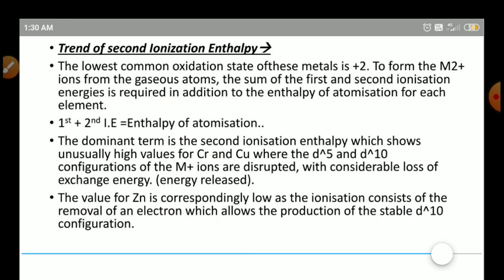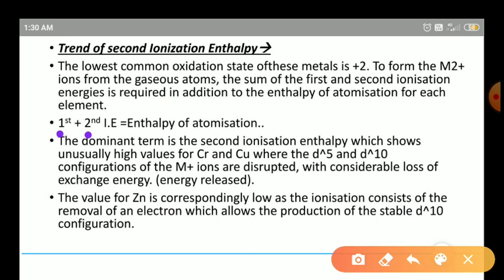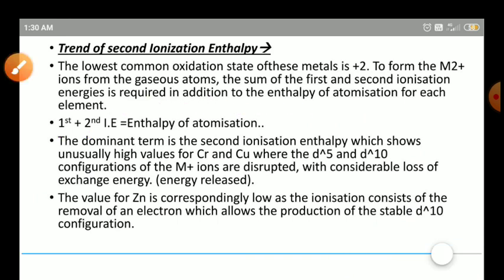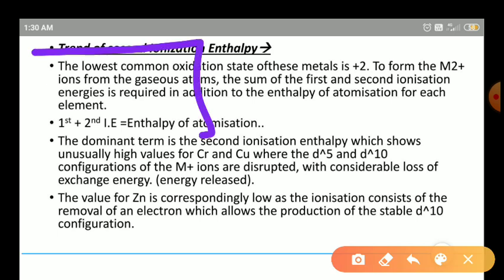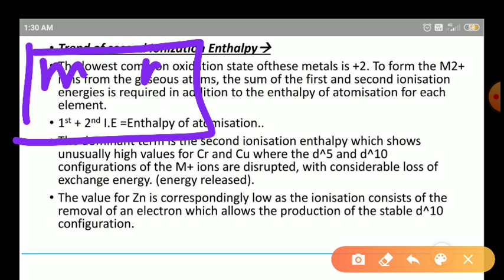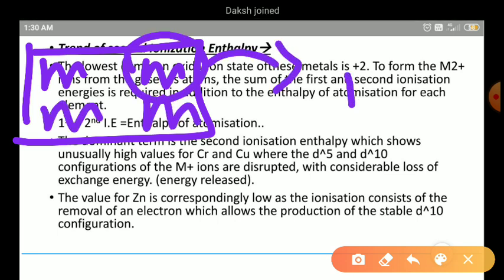First and second ionization enthalpy. Yesterday we discussed the enthalpy of atomization. It means the energy required to remove one metal atom from the metal piece, which I consider in kilojoule per mole.